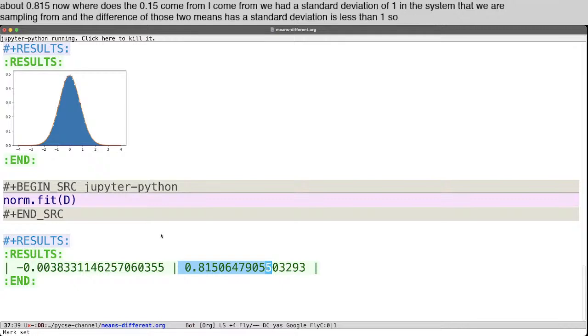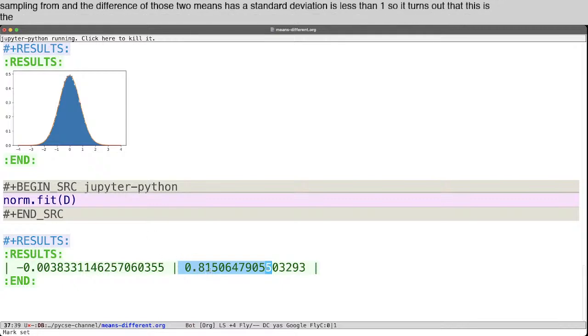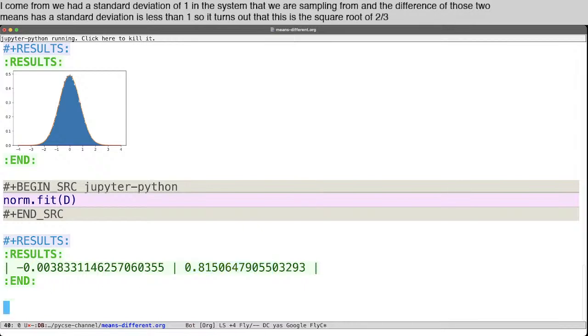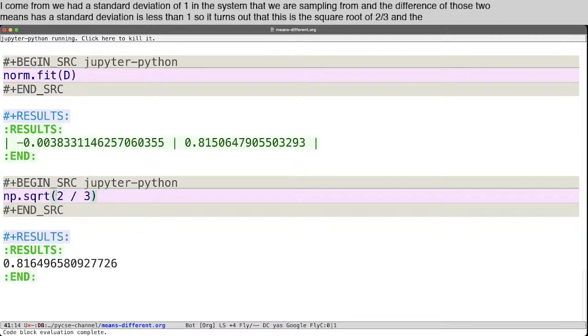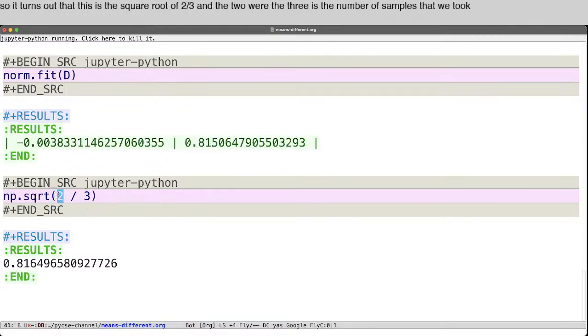It turns out that this is the square root of 2/3, and the 3 is the number of samples that we took. This is really the square root of 1/3 plus 1/3.